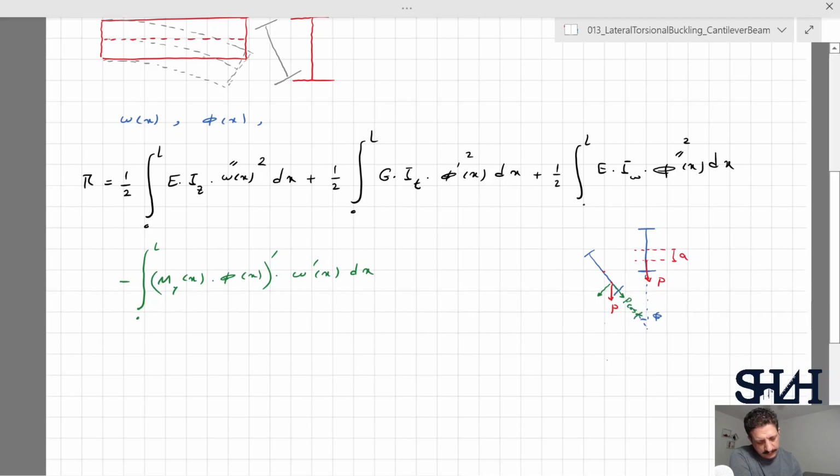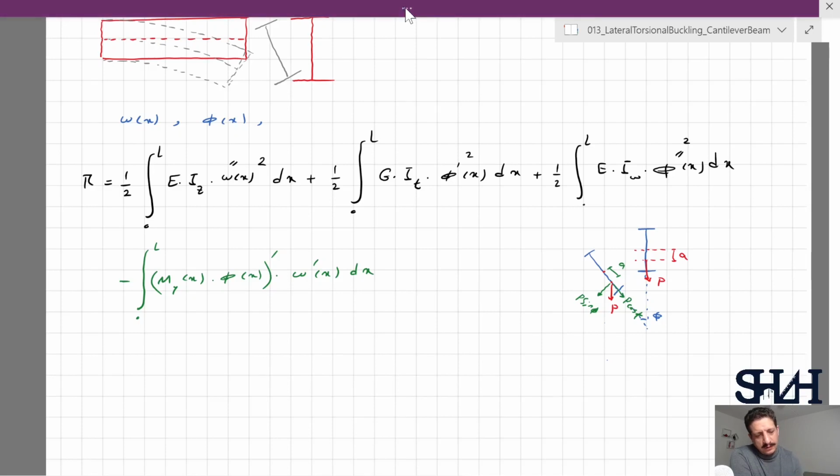P cosinus phi and the other one P sinus phi. And the distance of A is constant. Now we can see that this P sinus phi is starting to have a torsion about the centroid.